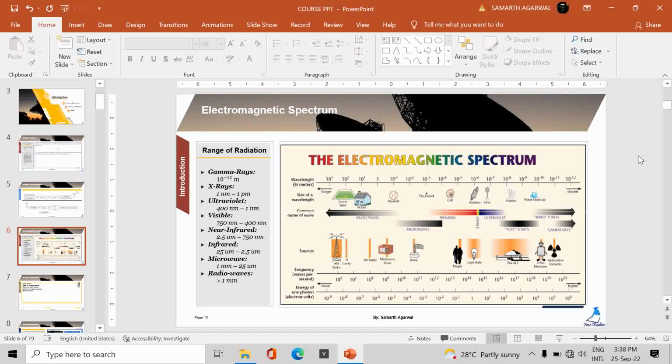Suppose we are turning it on and off, changing the volume or changing the channel, whatever button we press, some infrared waves will appear, but that is not visible to the naked eye of a human. Okay, and further, X-rays and gamma rays are produced by radioactive sources and X-ray machines. And regarding this frequency also, I have mentioned here, which starts from 10 to the power 5 to 10 to the power 20 hertz. Okay, thank you.